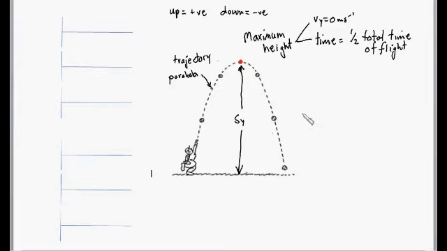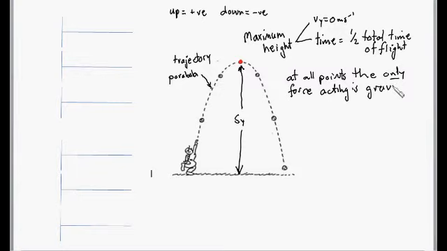Okay, the next major concept is possibly the most important of all: at all points the only force acting is gravity, ignoring of course wind resistance, which we tend to do in year 11 and 12.